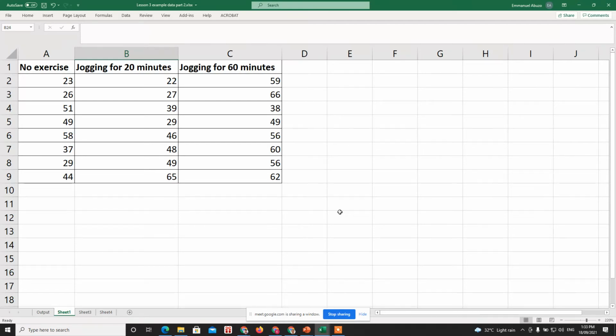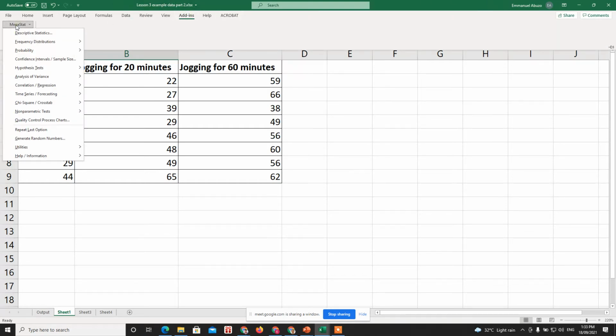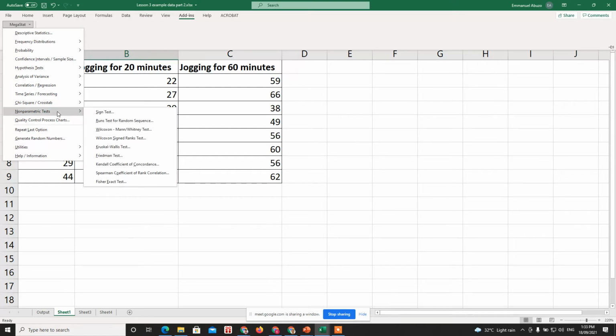So this is the data for the computation using MegaStat. For the Kruskal Wallis, what we're going to do is go to add-ins, MegaStat, and then non-parametric tests, then look for the Kruskal Wallis test.